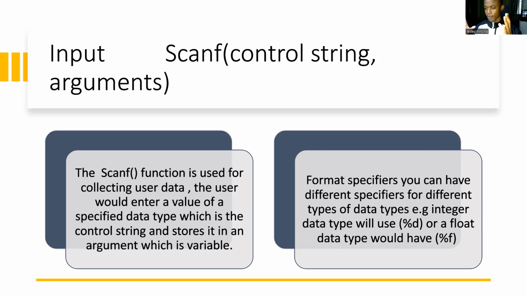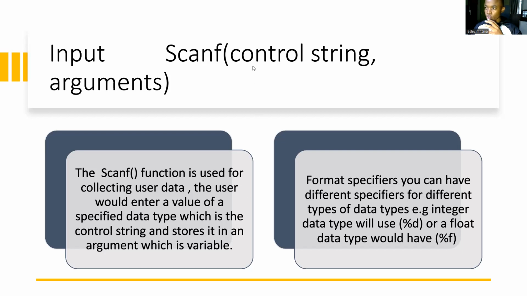The computer can't process that because it's expecting a data type of integer, not of type string, which would be the word one. So it cannot do the correct calculation, and it will return an error. So you have to specify what kind of data type you're looking for. So the user would enter a value of a specified data type, which is the control string.